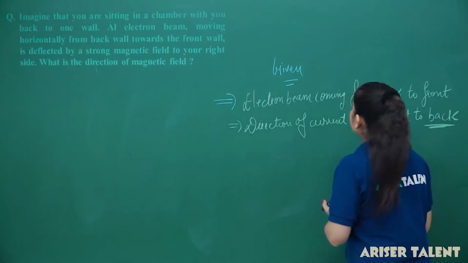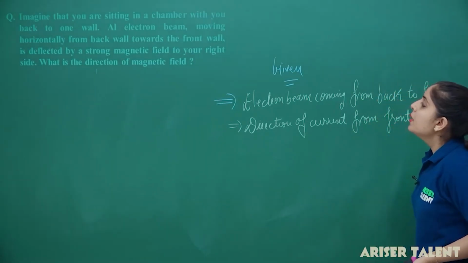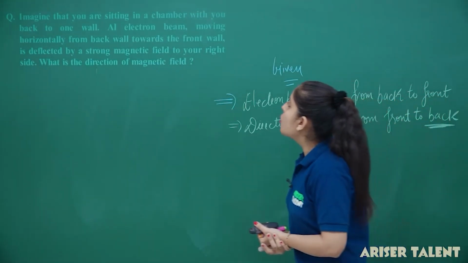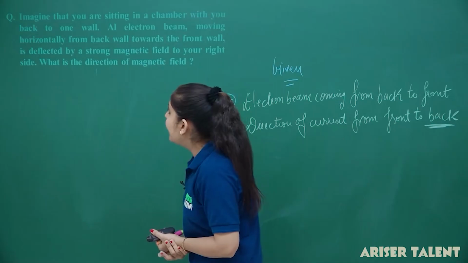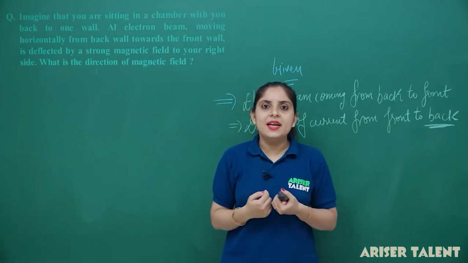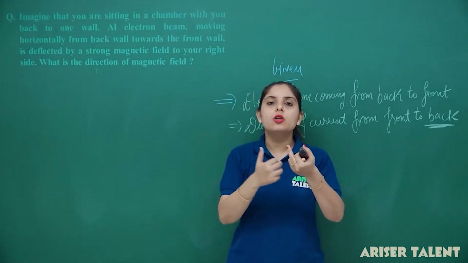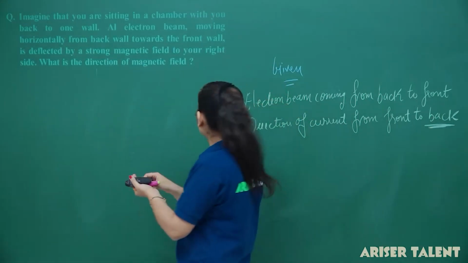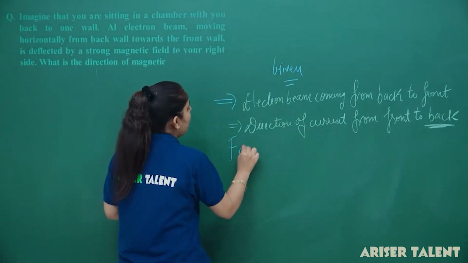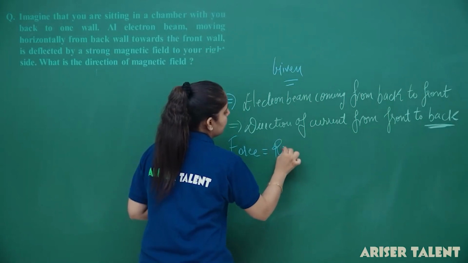Now, if it is deflected by the strong magnetic field to your right side, the motion or the force will be in the right side. So what will be the direction of force? Force is in the right side.